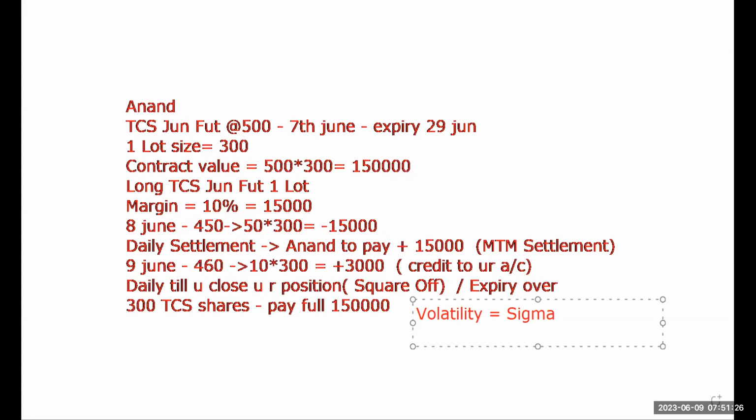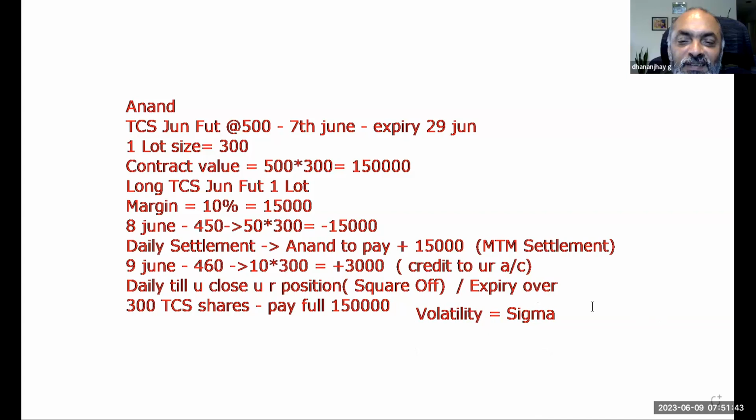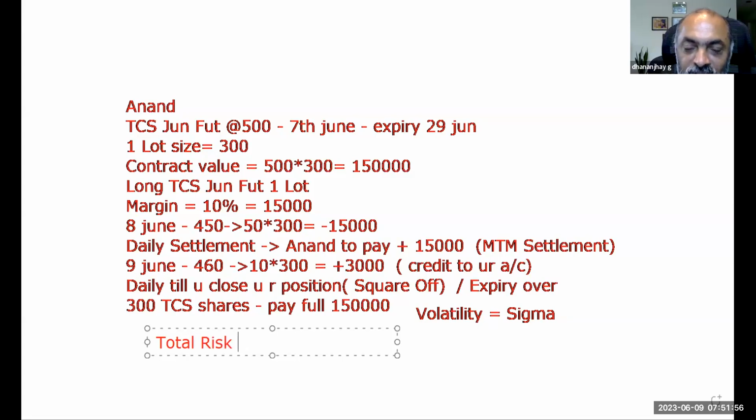Are you following? Yes, sir. Basically, beta would be restricted only to market risk. Standard deviation will show the effects of all types of other risks also. See, total risk of any asset is your systematic risk plus unsystematic risk.